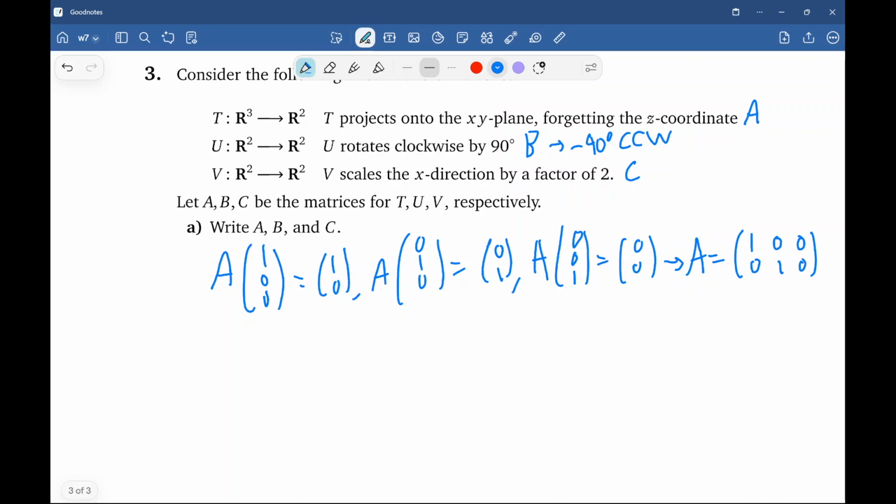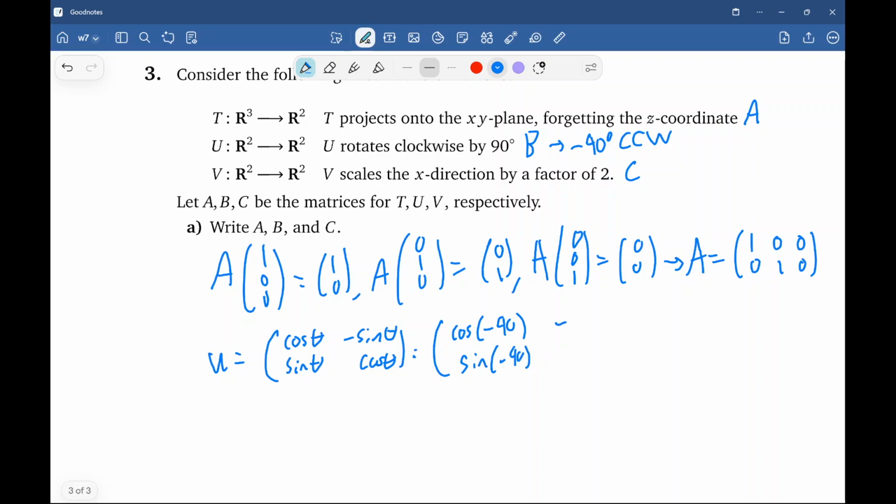So that is cosine theta, sine theta, negative sine theta, cosine theta. Cosine of negative 90, sine of negative 90, negative sine of negative 90, and then cosine of negative 90.